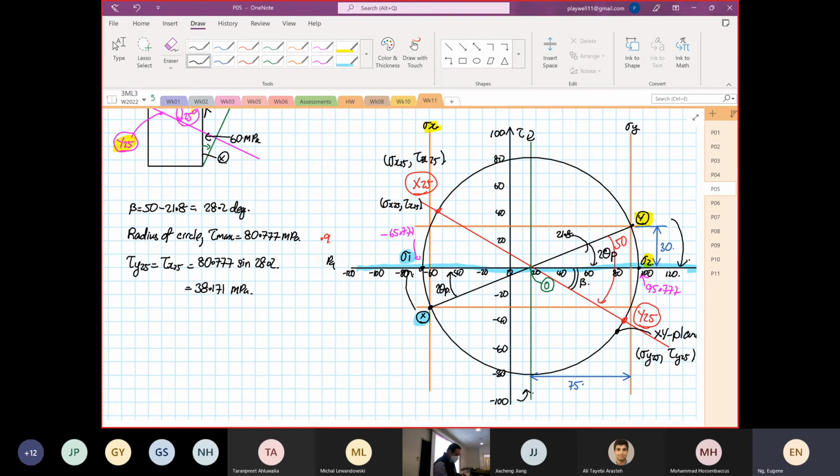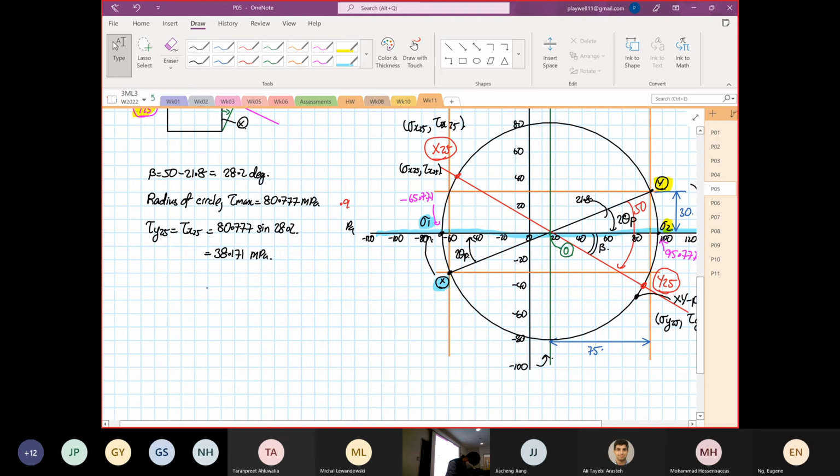So why did we do that? Okay. So if I were to draw the center of the circle, this is our point O. Our point O is at 15 normal stress, 0 shear stress, right? And then we managed to find that this angle over here is 28.2 degrees from the horizontal.